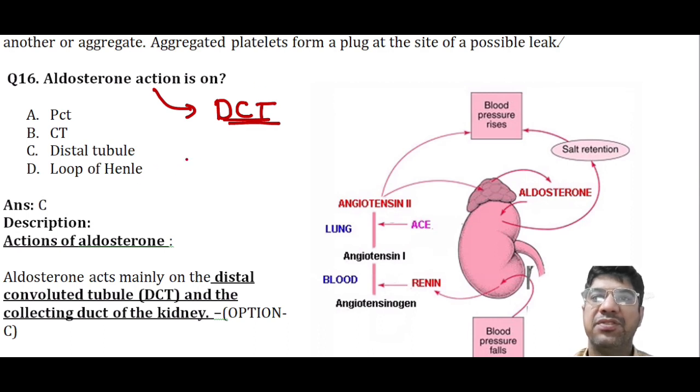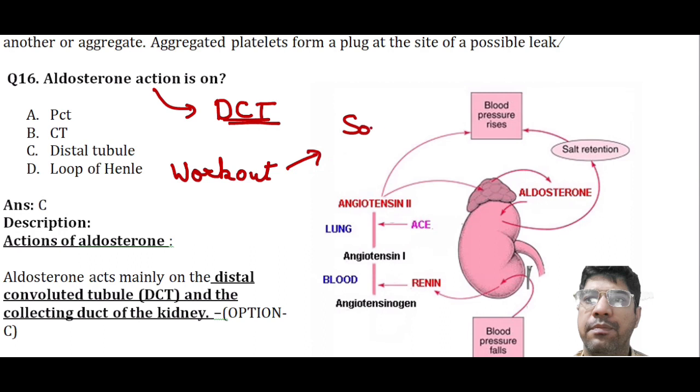Suppose you have just finished a strenuous workout and you have lost a significant amount of sodium through sweat. Your body would need the right balance of sodium to keep your blood pressure and electrolytes in equilibrium.